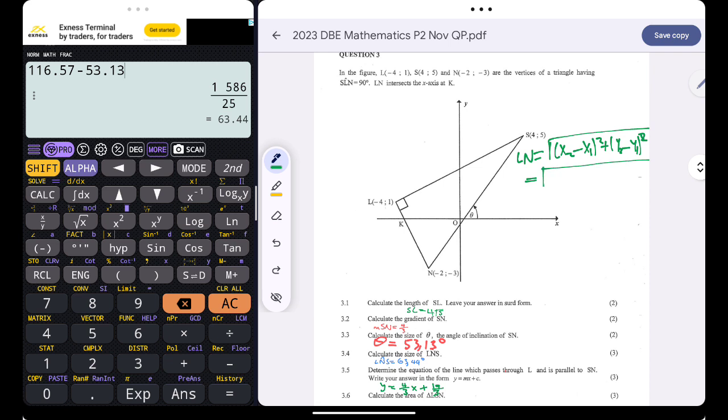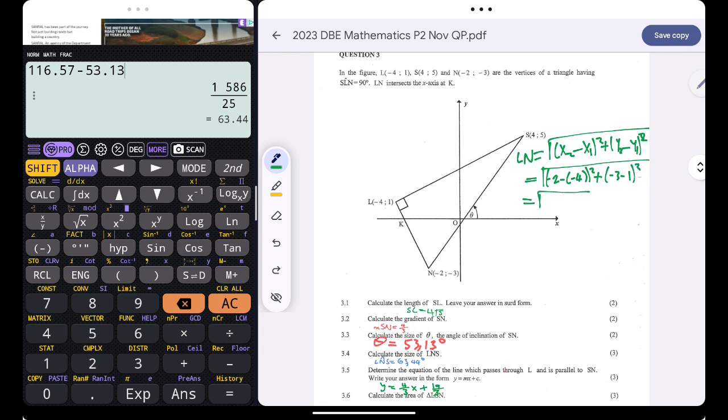I'll simply take the x value at N, which is negative 2, minus the x value at L, plus the y value at N minus the y value at L. So this will give me negative 2 plus 4 is 2, and then it's all squared, plus negative 3 minus 1 is negative 4 all squared is 16.